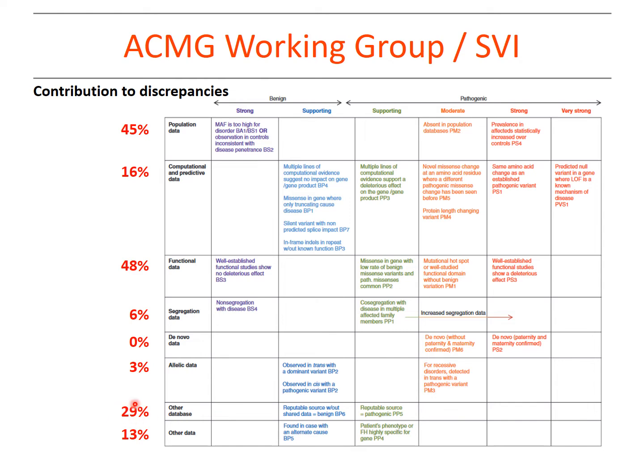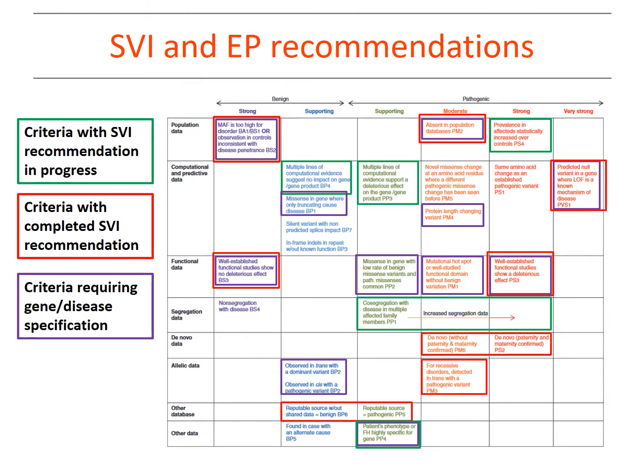Or, for example, the other databases, the reputable source. Of course, this should not be used anymore, but this is very error-prone. Who is to define what a reputable source is? So therefore, taking all these discrepancies into account, the SVI, and the SVI stands for Sequence Variant Interpretation Working Group at ClinGen, they modify the codes together with experts.